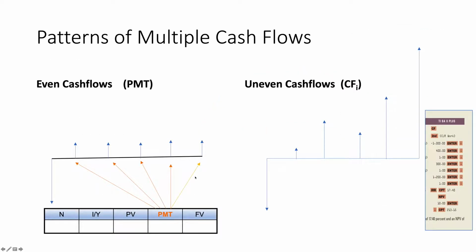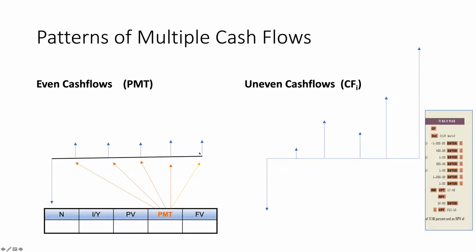Now, as I said, when you're solving time value of money, always draw a timeline. Let's look at an even cash flow situation on the left. For example, if there is an annuity which will pay you at the end of the year $100 for 5 years, those cash flows are even.